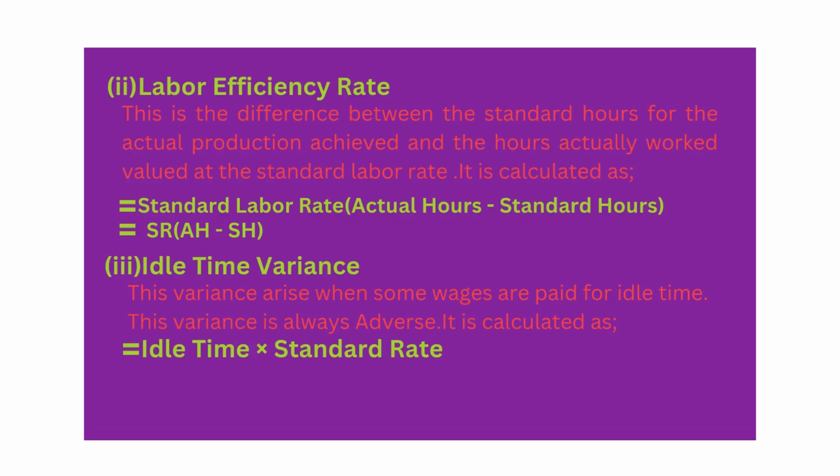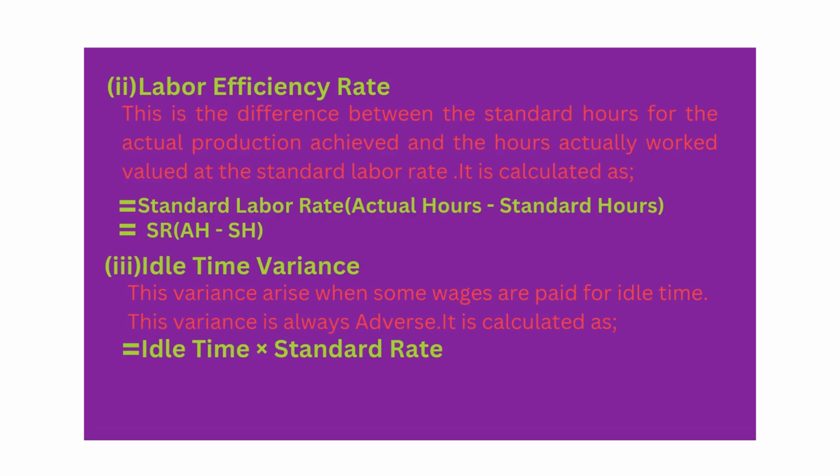Time paid, which is 4,326 hours, has been paid a total of 42,500 shillings. And then there is the production of 2,180 units. The third one under labor cost variance is the idle time variance. This may arise when some wages are paid for idle time. This variance is always advanced.